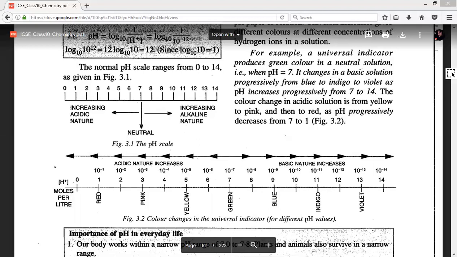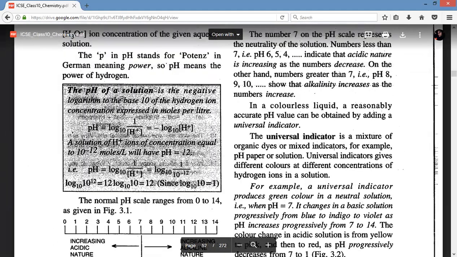Now, with that, one formula is there for the pH of the solution. The pH of a solution is the negative logarithm. What is the meaning of negative logarithm? We are giving the minus sign to the log. Negative logarithm to the base 10.